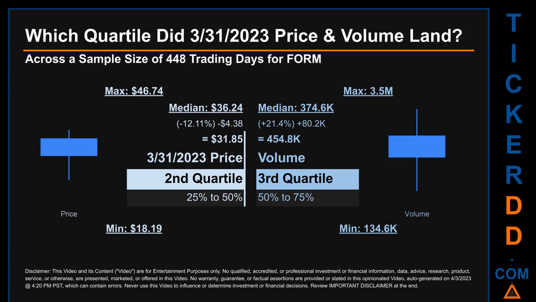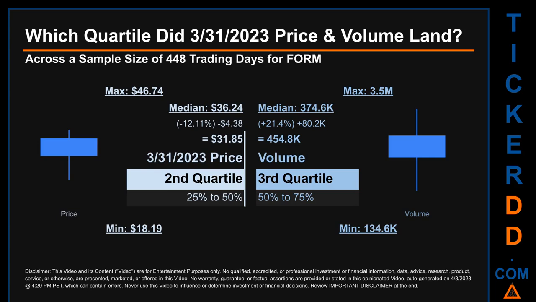Within that price range, March 31, 2023 price, of $31.85, landed within the second quartile, putting it within the 25% to 50% range of all sampled end-of-day prices. The day's volume landed within the third quartile, that is within the 50% to 75% range of all sampled daily volume, which saw a max daily volume of 3.5 million and a minimum of 134.6 thousand.